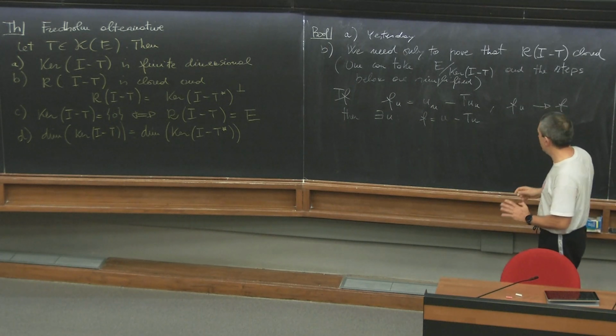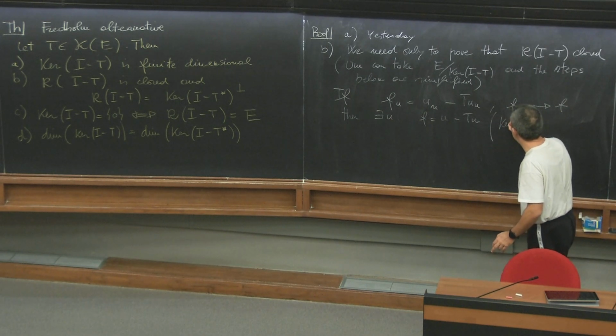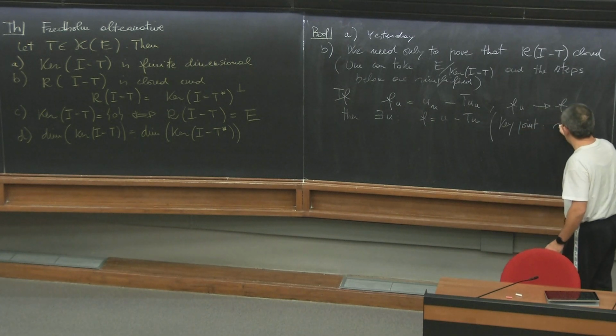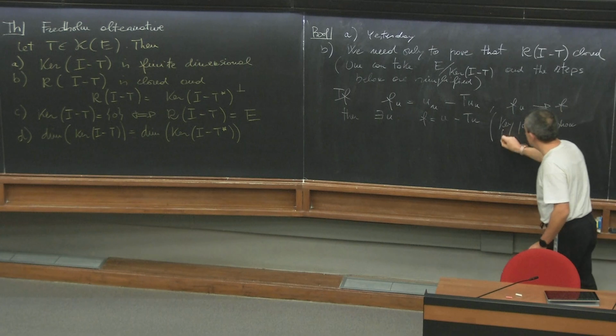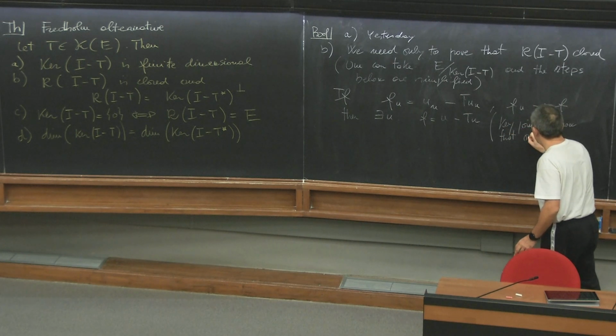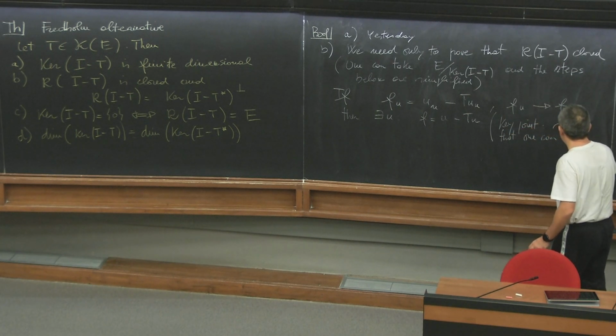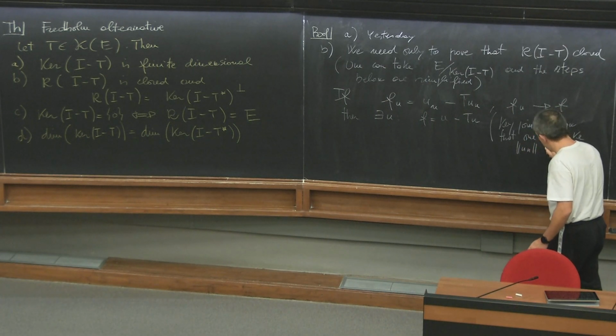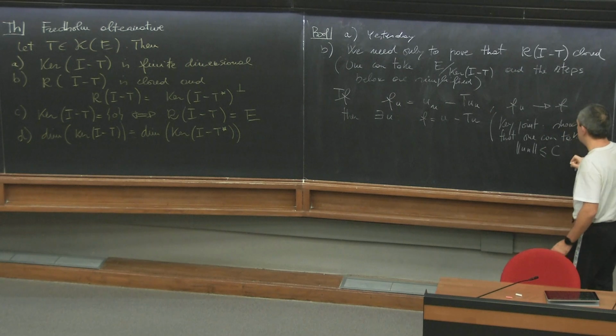Okay, so this is the key point. Let me say here, the key point: show that one can take the norm of un less than C for all n.